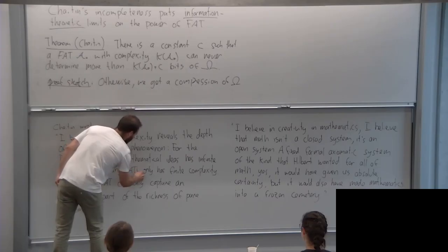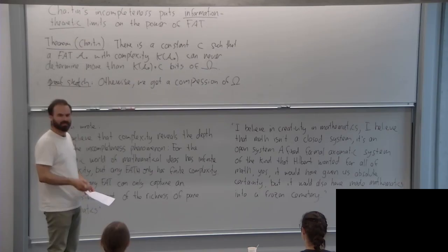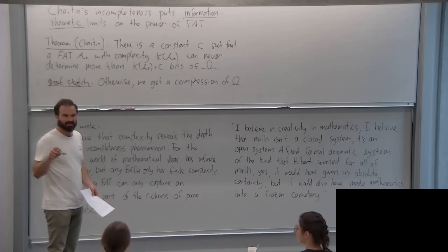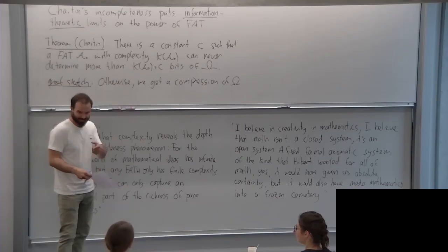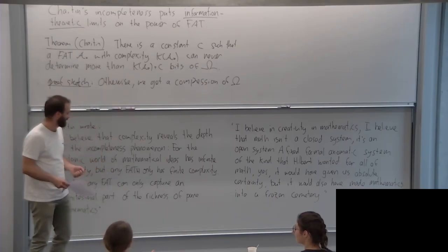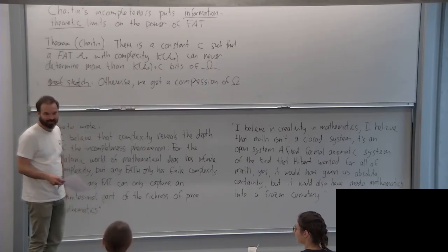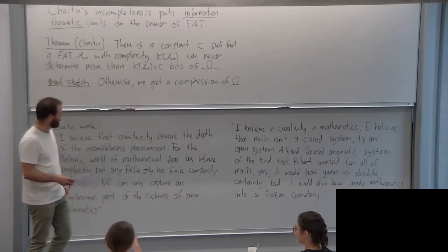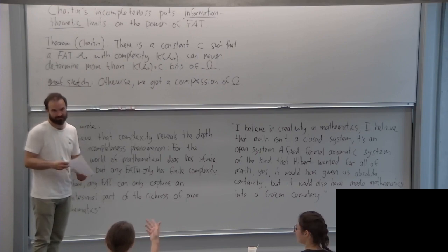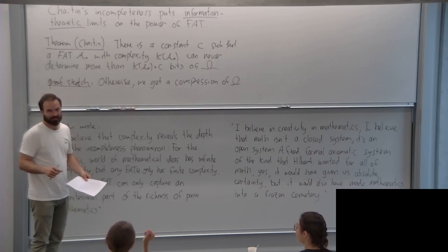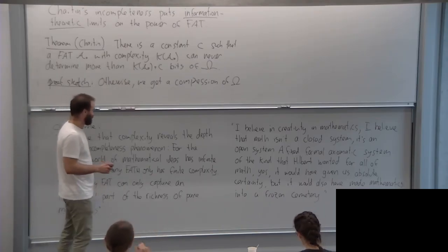Fate, F-A-T-E, is destiny, like it's my fate to go somewhere or whatever. Faith, with an I, F-A-I-T-H, is a belief that something will happen, or belief in religion, like I have faith that God exists or whatever.